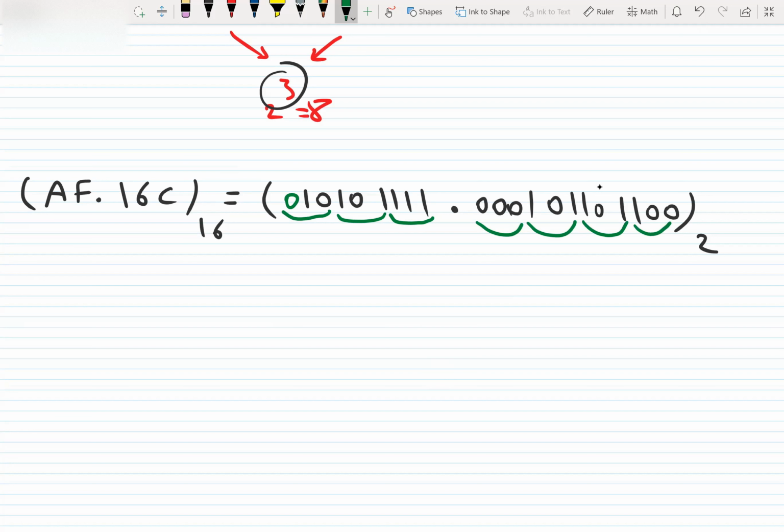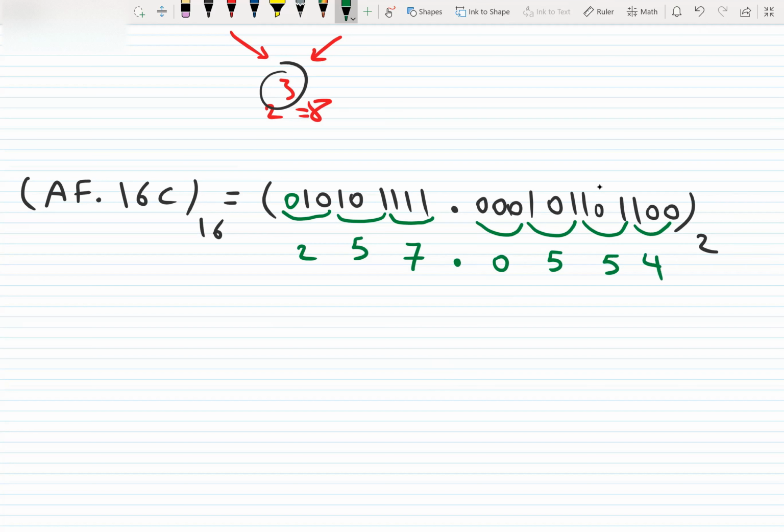Now we write these numbers in base 8. 0, 1, 0 is, of course, 2. 1, 0, 1 is 5. 1, 1, 1 is 7. Dot. 0, 0, 0 is 0. 1, 0, 1 is 5. Again 1, 0, 1 is 5.